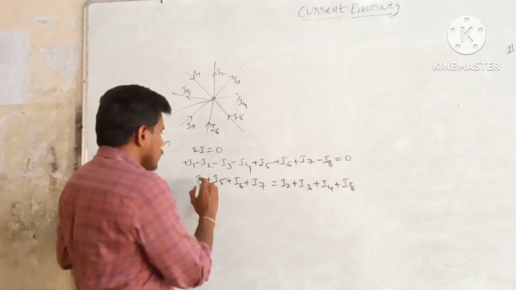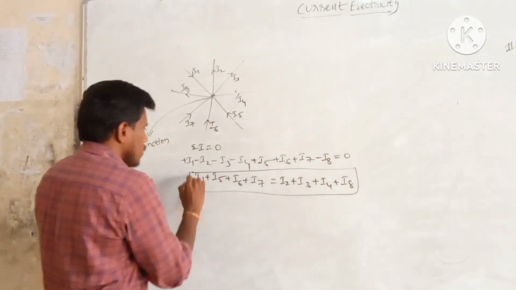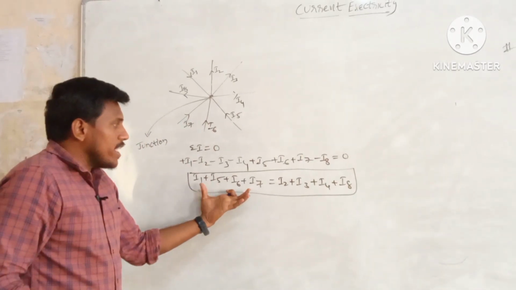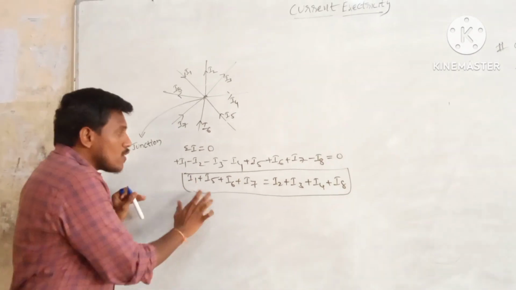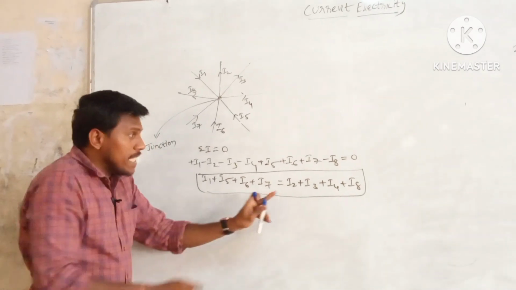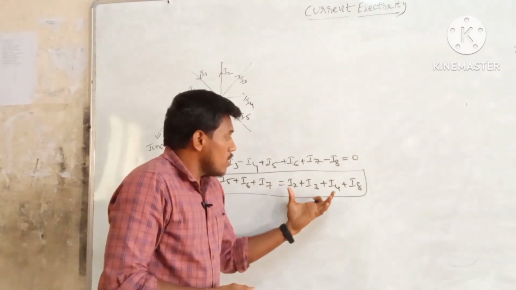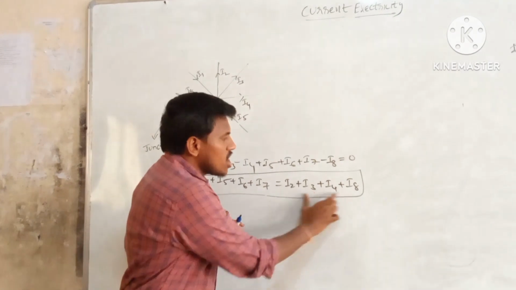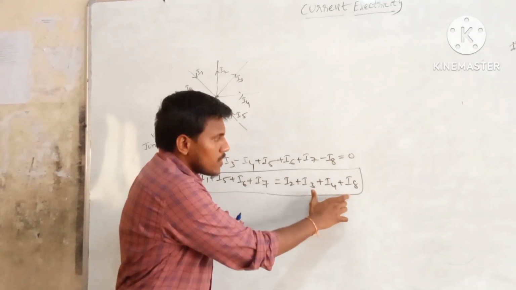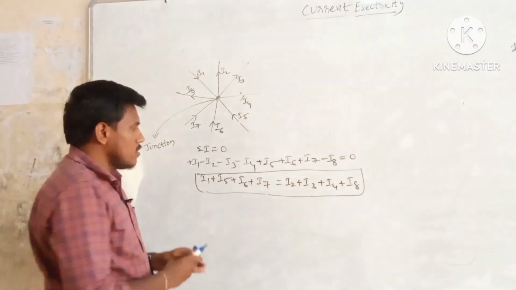Observe this equation. These currents are flowing towards the junction. We have to add these currents, and the sum should be equal to the sum of those currents which are flowing away from the junction.